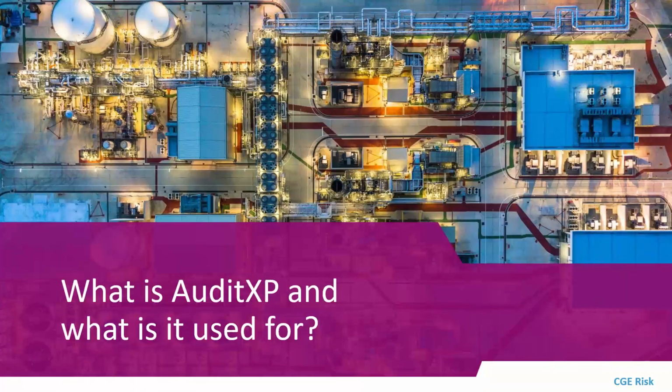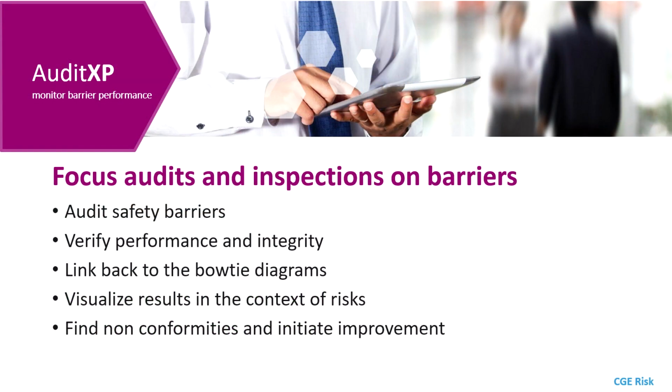So what is AuditXP and what is it used for? As the name might imply, it is a tool which allows you to focus your audits and inspections on barriers or controls. Initially, it allows you to audit your safety barriers or controls. By doing so, it allows you to verify your performance data and integrity of those controls.